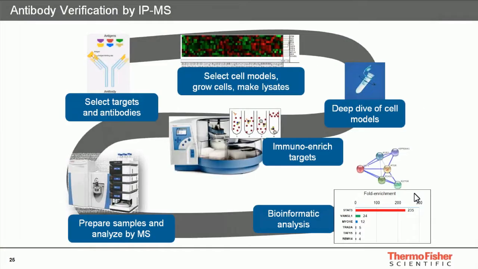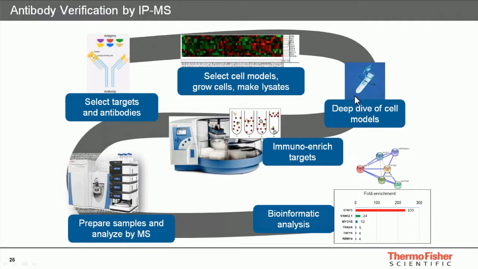So how do we validate the antibody by the IPMS approach? This is the overall workflow that we use for IPMS antibody validation. We select targets and choose all the antibodies that are available for that target. And then from the target, we select cell models. I will talk a little more about how we select the cell models. Once we know which cell models match the target, we grow those cells and make lysate.